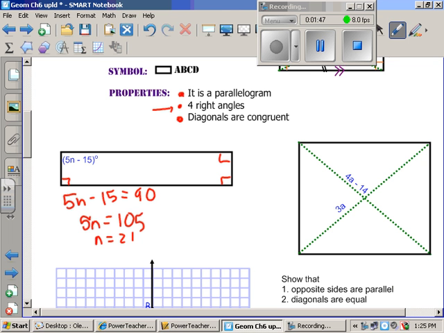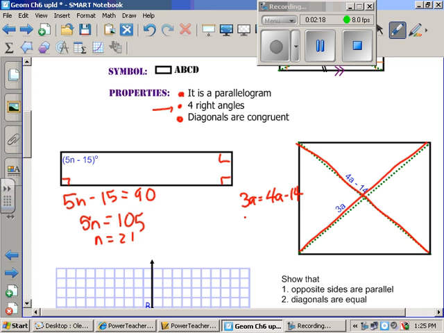Okay, the next one over here, they're talking about the diagonals, and the entire length of the diagonals of a rectangle are congruent. So not only do they bisect each other, they're also congruent. So to solve this, I would just say 3a is equal to 4a minus 14.